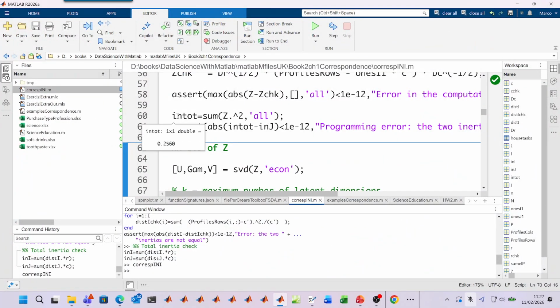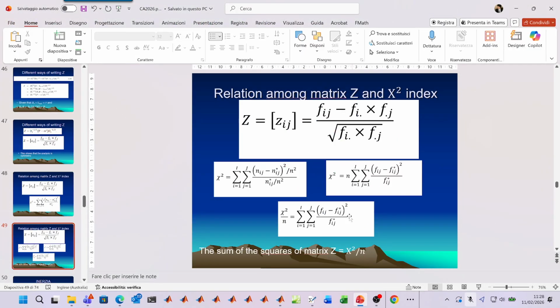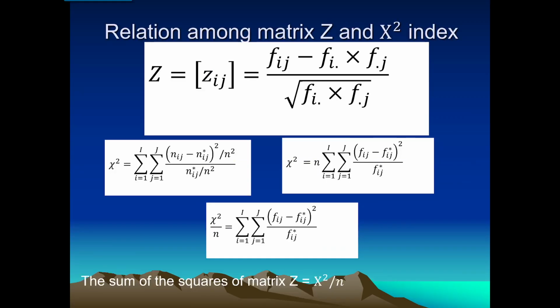So this total inertia is the chi² divided by n. Also here the proof is very easy to show. Once you know that this matrix Z has this form, you take the sum of the squares of this, and you get nothing but the chi² divided by n.